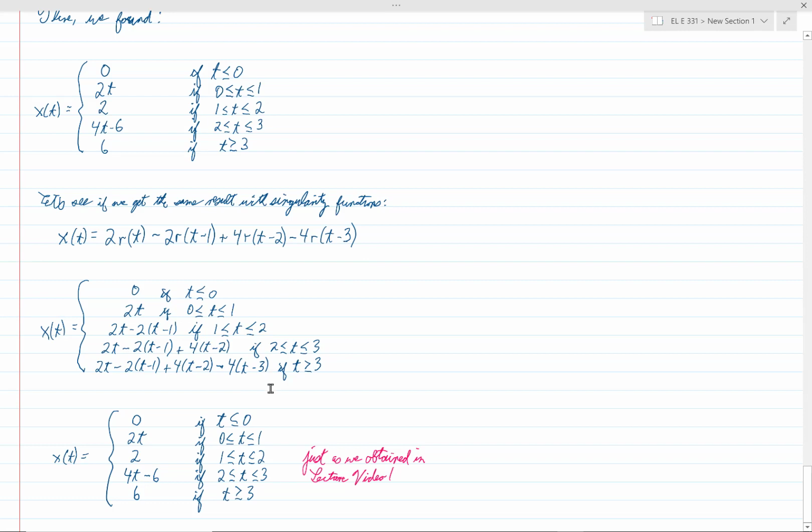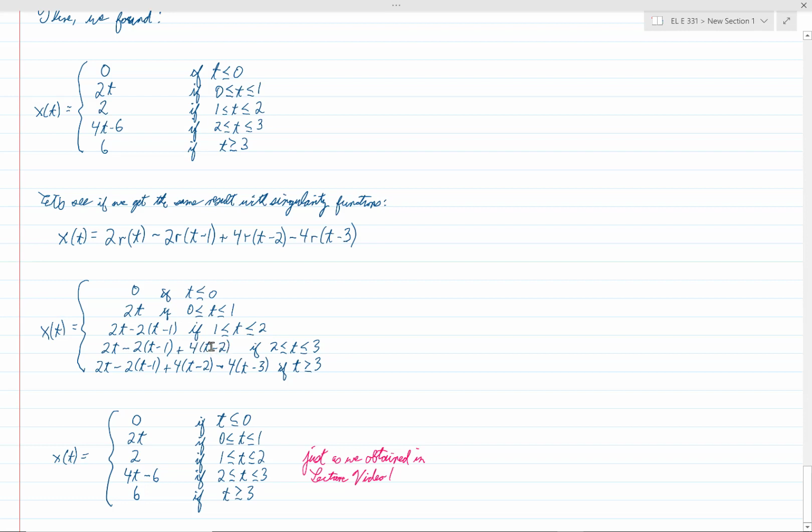And so let's see if this all works out. We have 0, 2t. Okay, here we have 2t minus 2t is 0. Minus 2 times minus 1 is 2. And so now this is equal to 2, remember that's what we have right there. So we have 2 plus 4t minus 4 times 2 is 8.